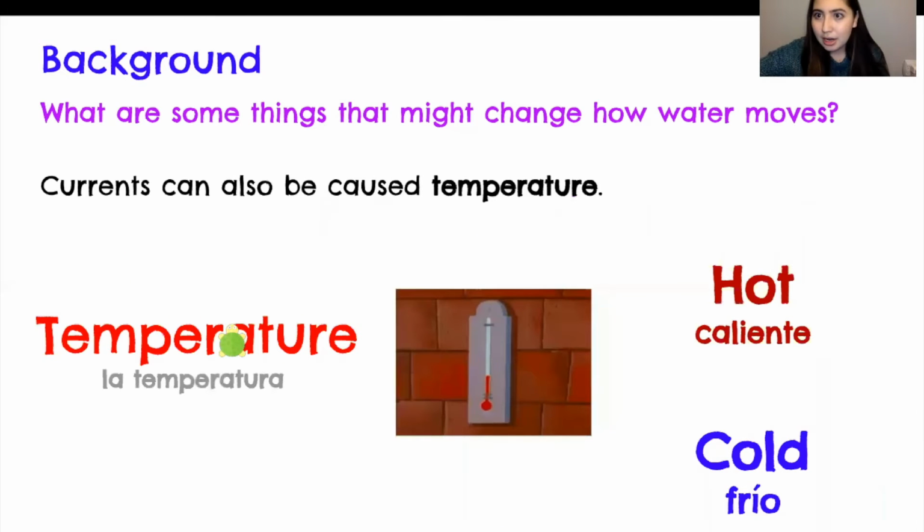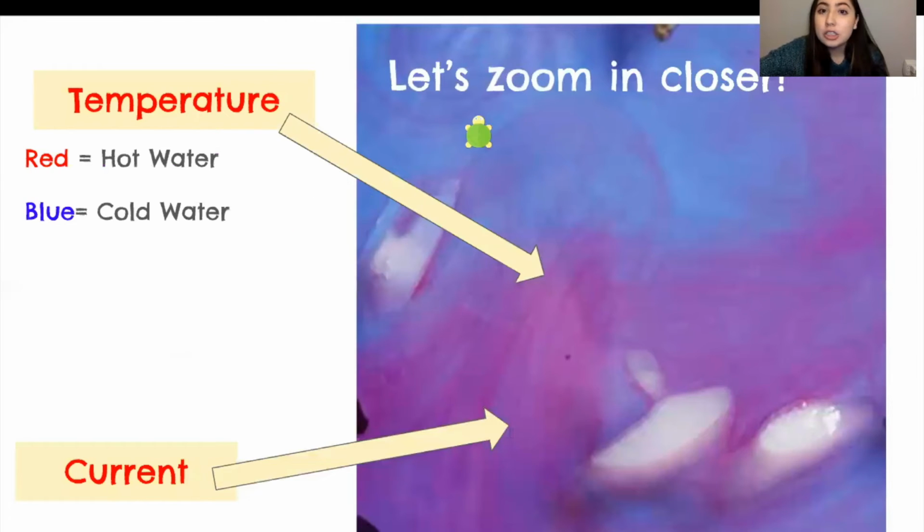The next thing that helps our ocean move is currents can also be caused by temperature, right? So we know that temperature means if something's hot or if something's cold. So let's zoom in closer. We saw that the red water was hot, and the blue water was cold. And when there's two different temperatures, it causes a current, a small river, moving water.